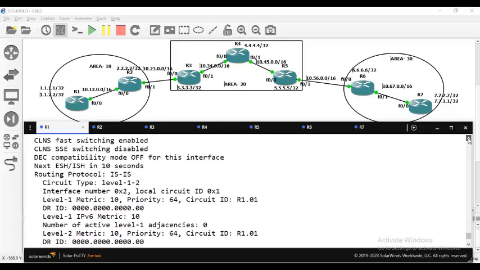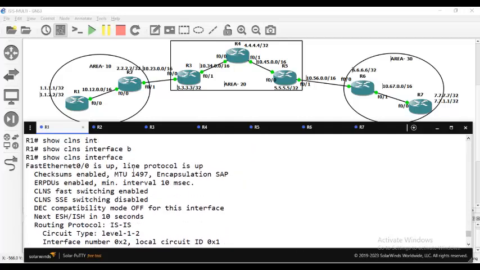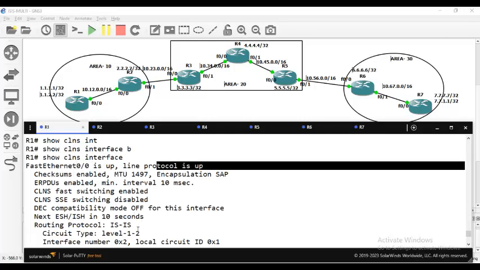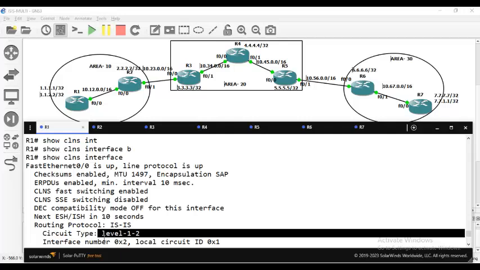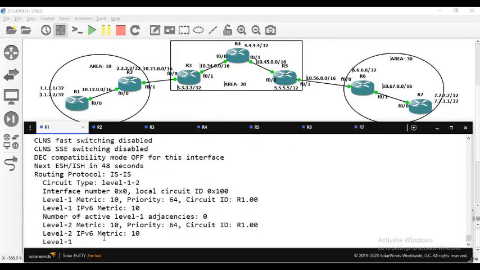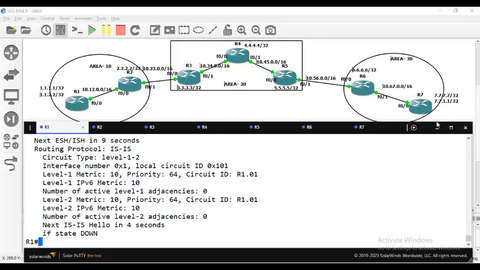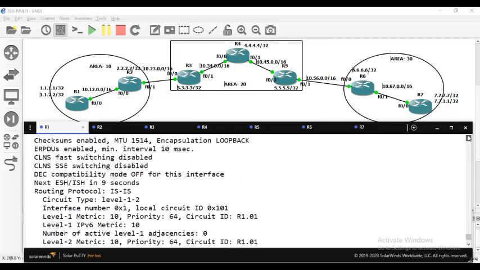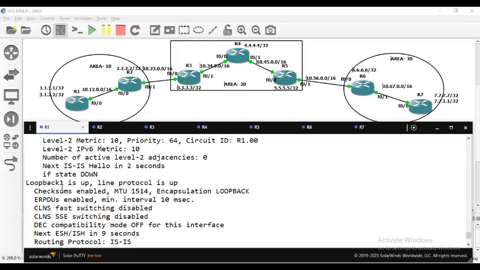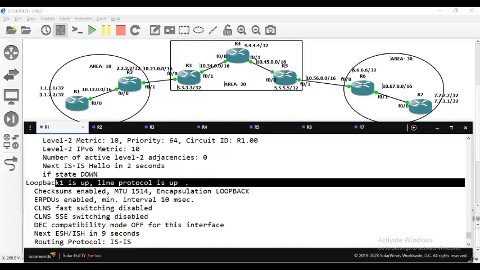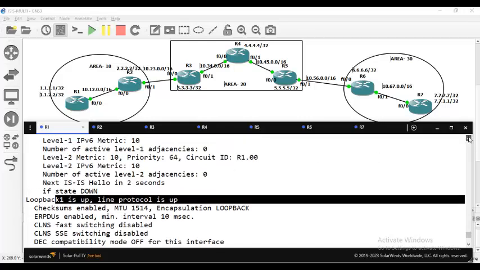Loopback 1 is also running ISIS. Loopback 0 is also running ISIS. The other interfaces are not running, right? And they're all running what? Circuit type, both level 1 and level 2. R1 is done. Let's go to R2.